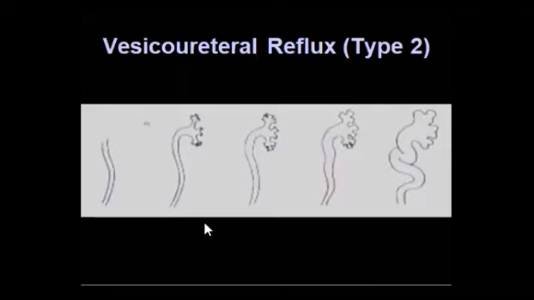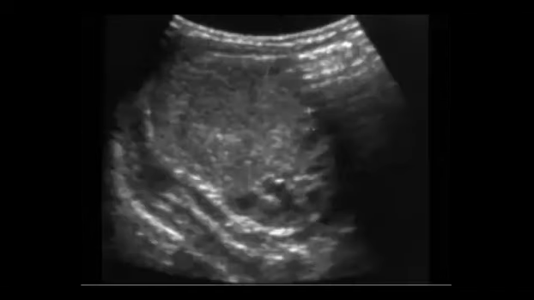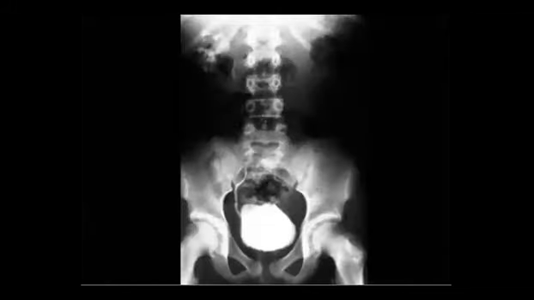So maybe this is type 2. Reaching the calyces without dilatation. Okay, thank you. Without forniceal dilatation. Okay.